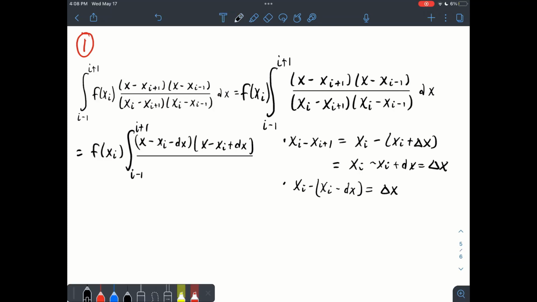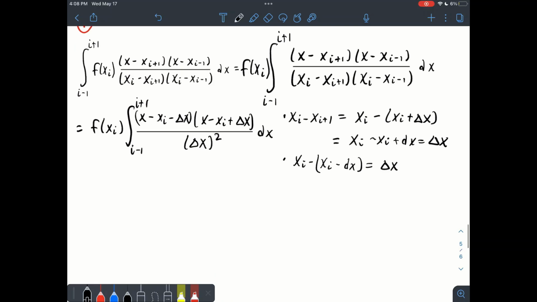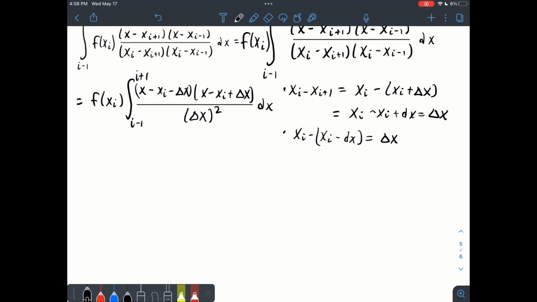Okay, so again, one more. Change to delta x. Important distinction there. We have delta x squared dx. The next thing we're going to do is simplify a little bit more. We have f of xi, integral from i minus 1 to i plus 1. And now on the top here we have x minus xi. Should we simplify?